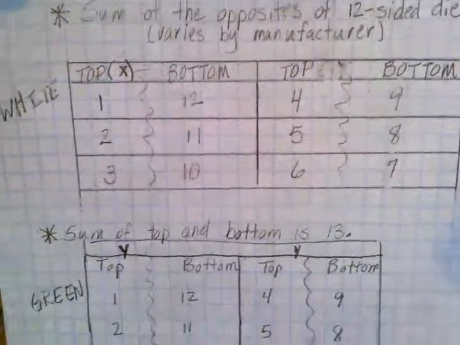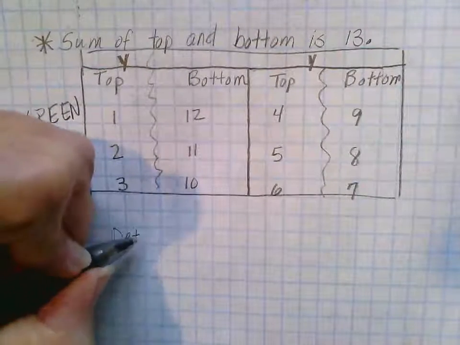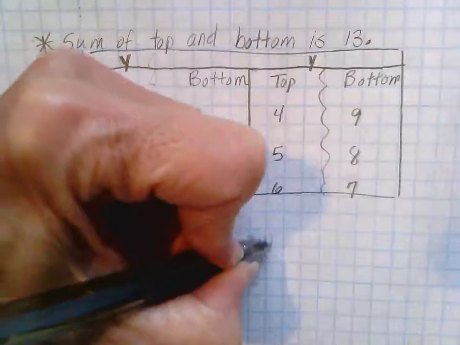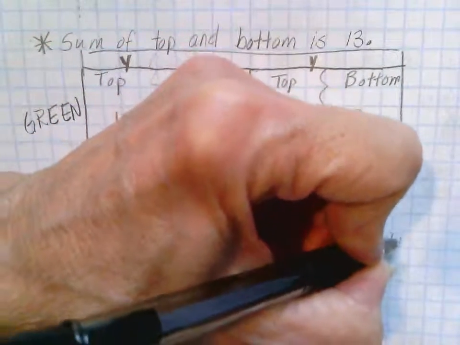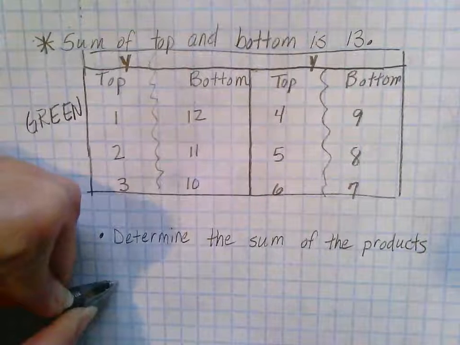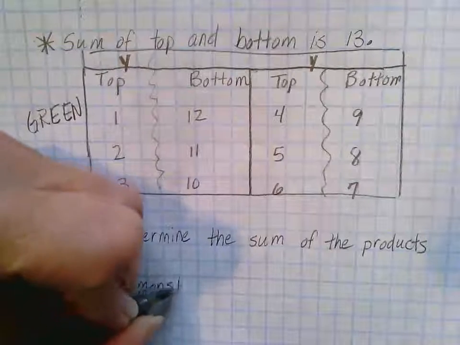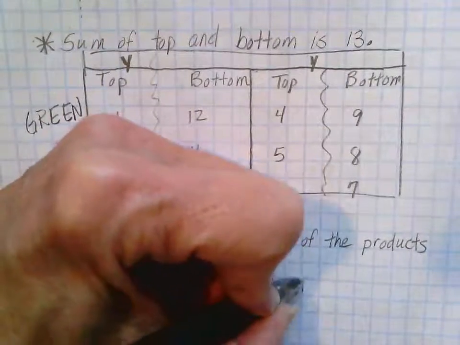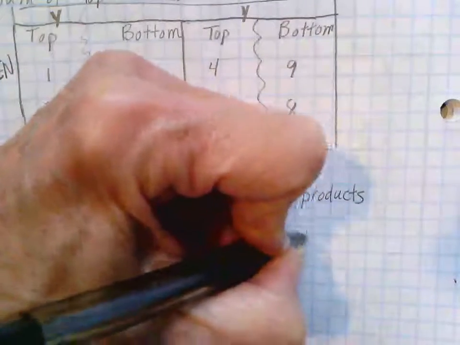And I want you to determine 2 things. Determine what the sum of the products would be. And I also want you to demonstrate algebraically why it works.